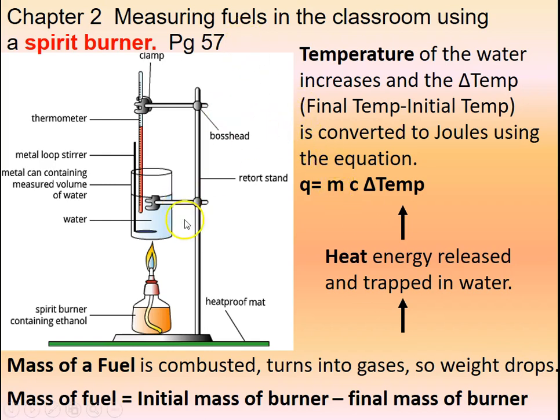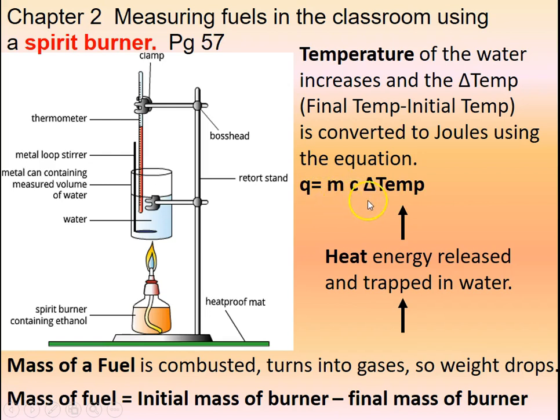Okay, so we're using this setup. Our fuel is in here that we're combusting, the energy is being released, and then it's being trapped in the water. So the temperature of the water increases, so we're going to have to measure the initial temperature, and after the reaction's finished, after you've heated it, the final temperature that it gets to, and you convert that to joules using this equation.